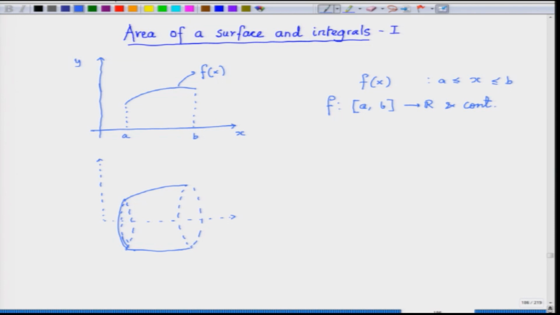A kind of solid of revolution of this form, and suppose we ask ourselves what is the surface area of this, can you compute the surface area?